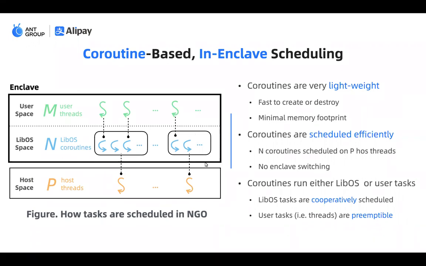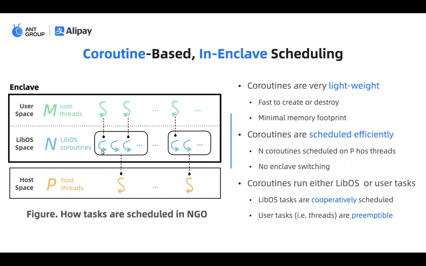So the context switching between coroutines is very efficient, and we map the coroutines onto P host threads. Some of these coroutines run librarized tasks, and some of these coroutines run user tasks. So user threads are just a special type of coroutines.